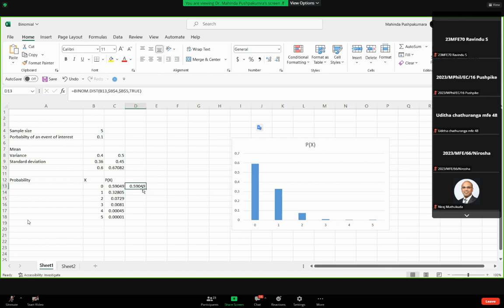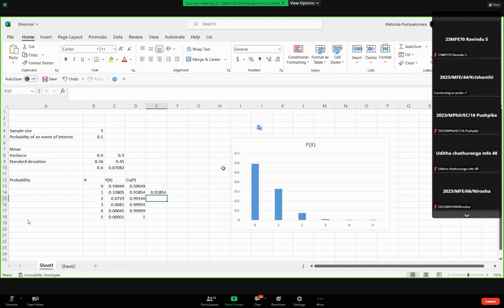Then you can click and drag. So now you can understand what is the difference between cumulative probability and the probability. Now here you can see this value is equal to this plus this one.